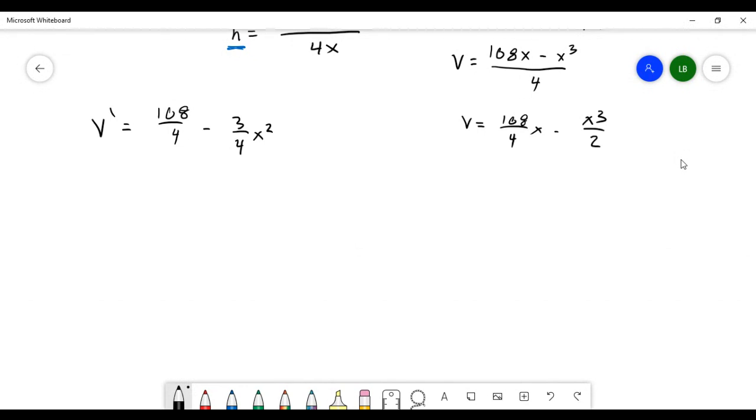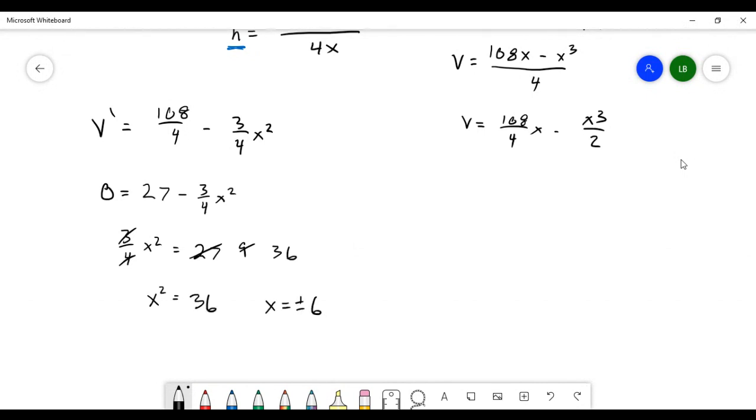And to find our maximums and minimums, we want to find where this function is equal to 0. 108 divided by 4 is just 27 minus 3 over 4 x squared. So then 3/4 x squared equals 27 if we add it over. So then x squared is equal to, divide both sides by 3 is 9, multiply both sides by 4 is 36. So then x is positive or negative 6.